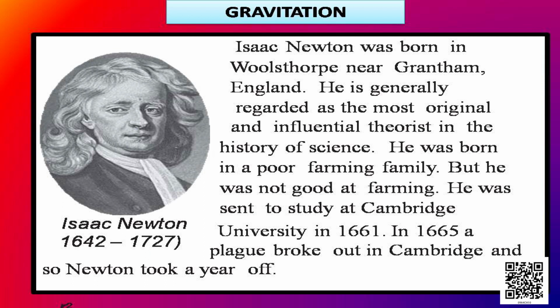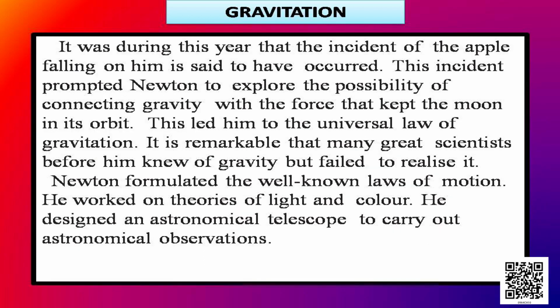He was sent to study at Cambridge University in 1661. In 1665, a plague broke out in Cambridge, and so Newton took a year off. It was during this year that the incident of the apple falling on him is said to have occurred.